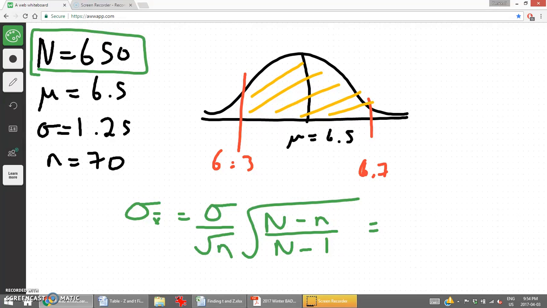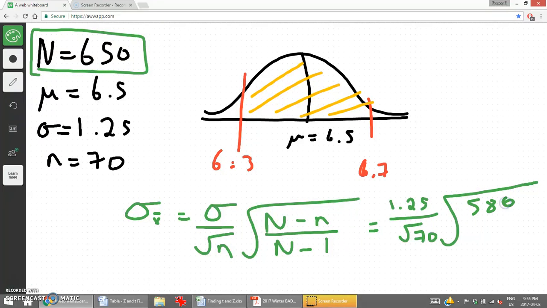The population standard deviation is 1.25, sample size is 70, and we want to multiply it by the square root of 650 for capital N minus 70 for small n, our sample size. So we're going to get a value of 580, which is 650 minus 70.